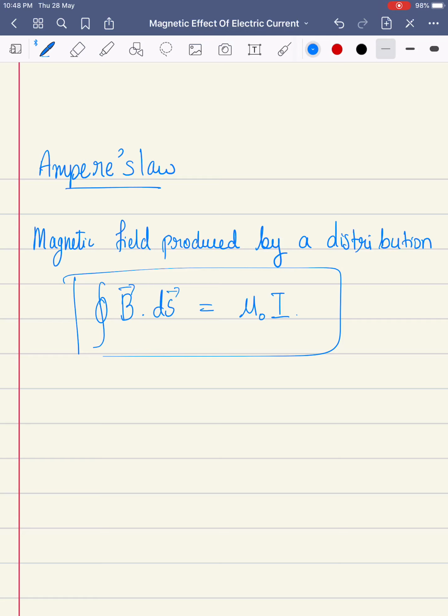On the left hand side, we have a closed integral of the magnetic field times the length of the loop, which is equal to mu naught, the magnetic permeability, times the current enclosed by the loop. The current on the right hand side is the net current enclosed by the Amperian loop. Keep it in mind.